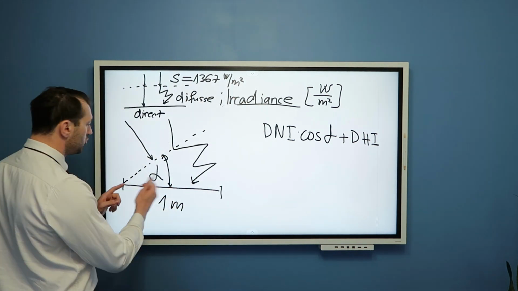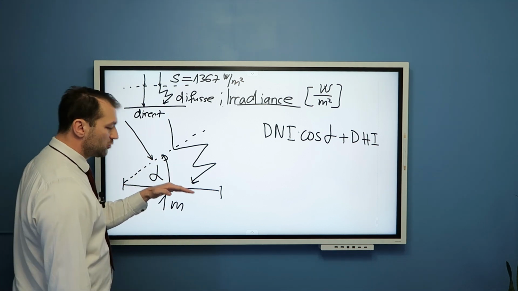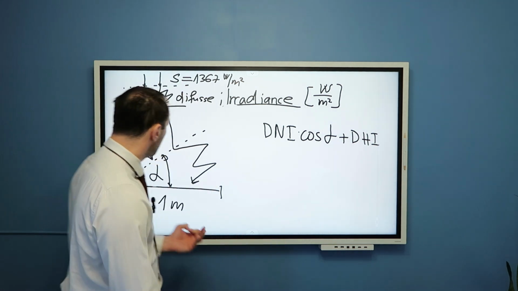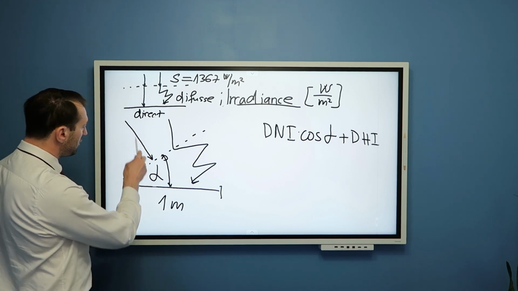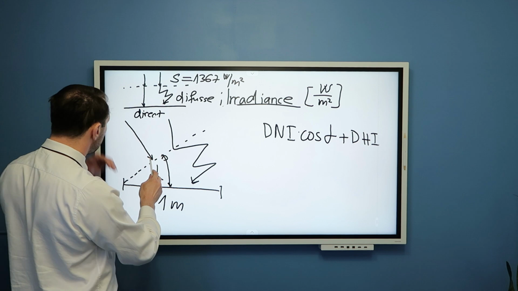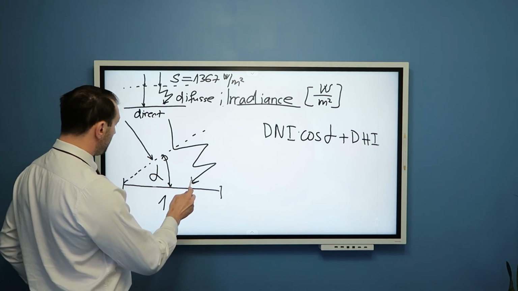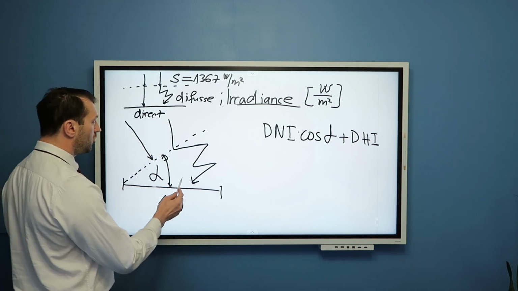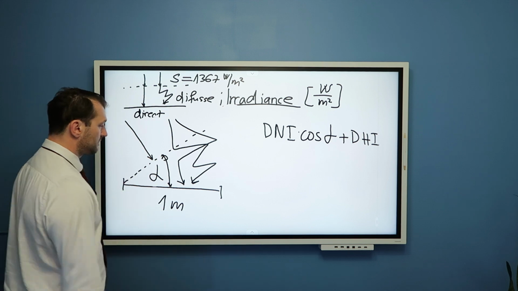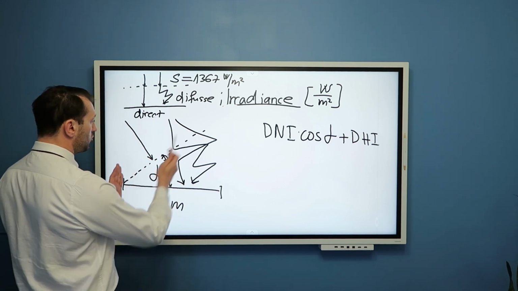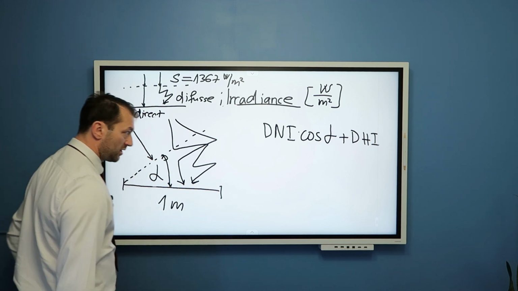Why am I not introducing some special surface like this one to measure diffuse light? I'm not doing it because I don't know from which direction diffuse light is coming. I always know that direct light is coming directly from the sun. But this one might approach the horizontal surface like so, but I might have some other light ray that approaches it like this. So I cannot construct some clever surface. I can only measure it on this horizontal surface.